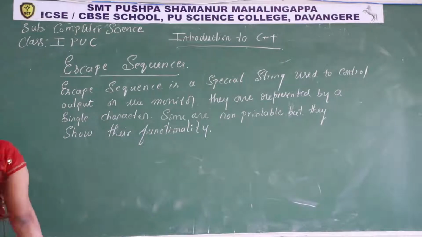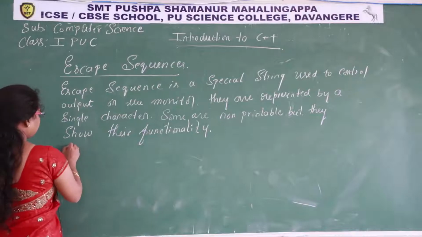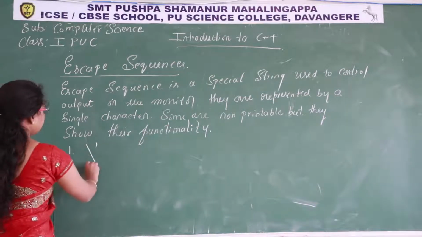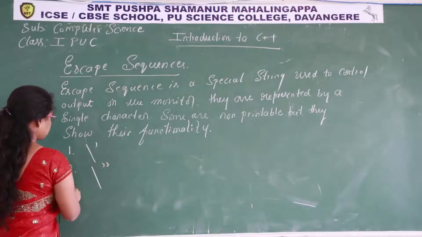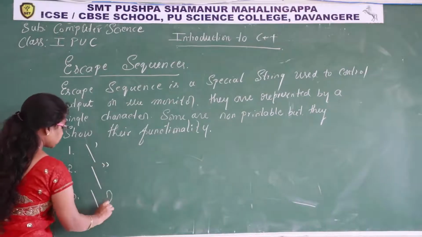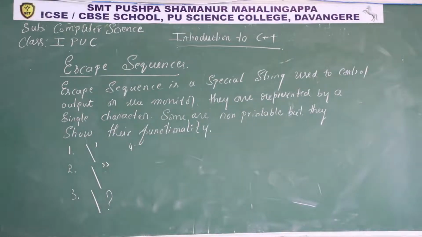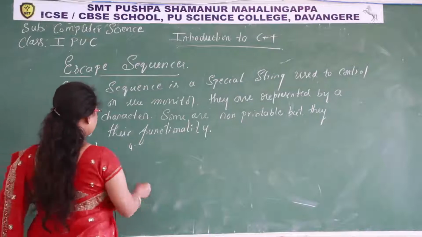Understood? Next, escape sequences. Write down all of you. Backslash single quote. Second, backslash double quotes. Backslash question mark. Then if you want to display a backslash, again you have to write backslash backslash.